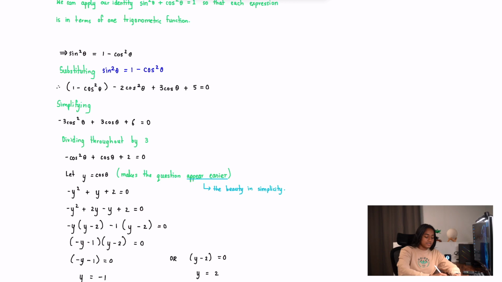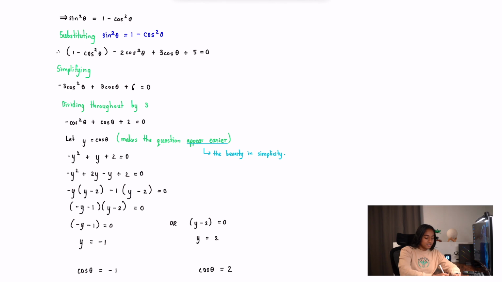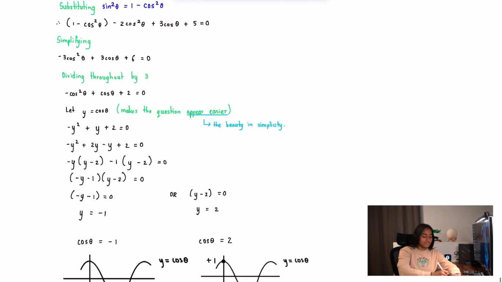And now we're going to substitute that and simplify. We simplify to get minus cos squared theta plus 3 cos theta plus 6 equal to 0. We notice that there are a lot of 3's or a multiple of 3, and therefore we divide throughout by 3 to be able to simplify it further.